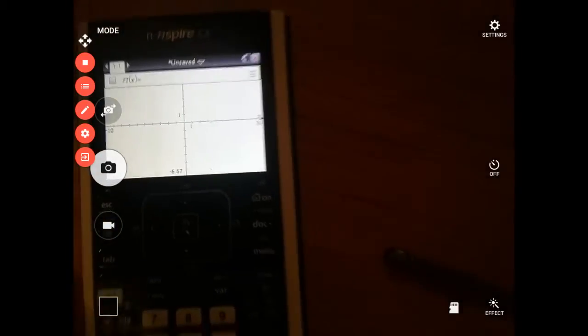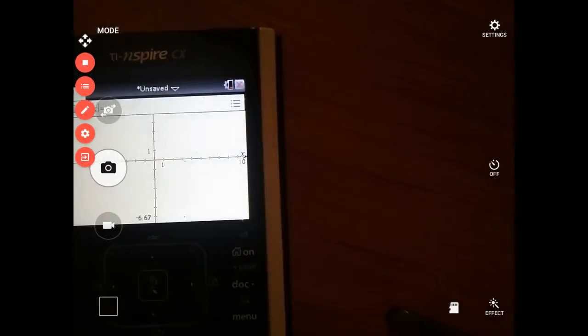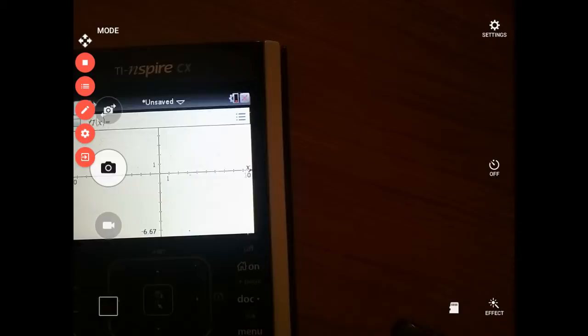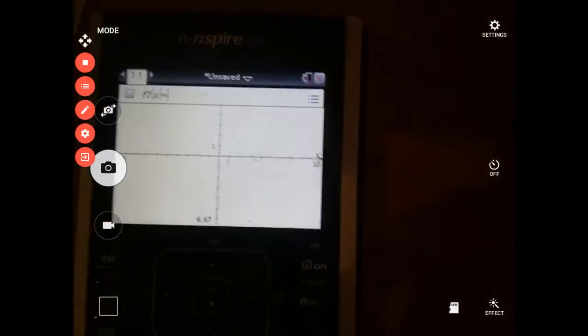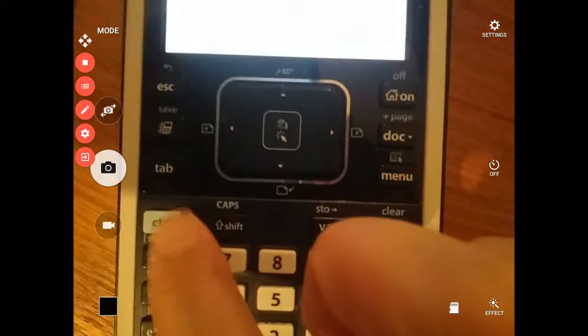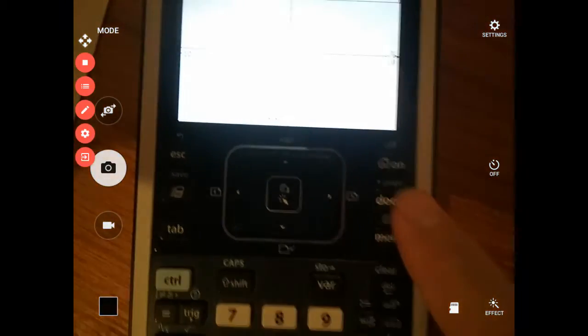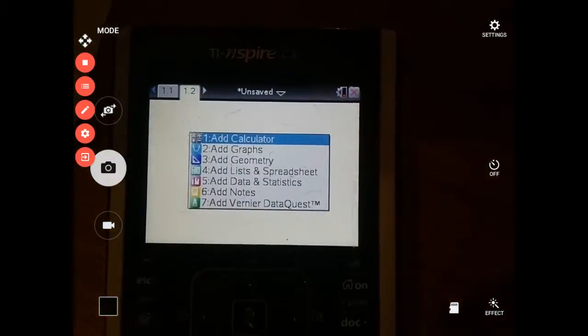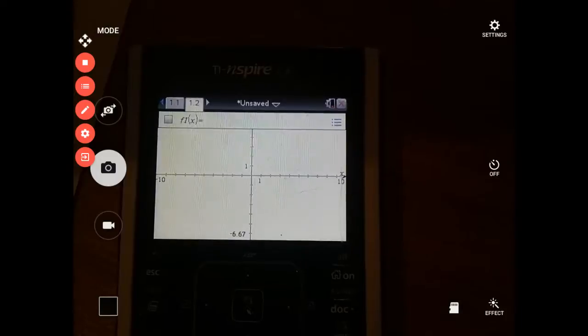So all we're going to do, now that we have that, is simply graph our two equations. If you were already on a document, you can just go control, so here's the control button, control and then plus page, or control doc. That gets you to that menu, so then you can just add another graph if you already had a document open.